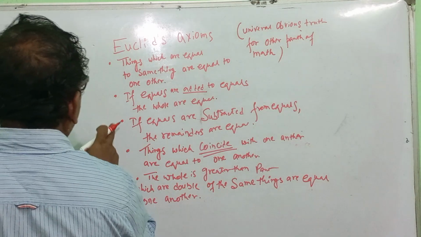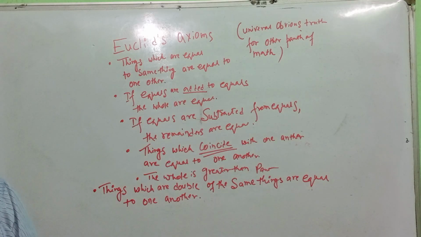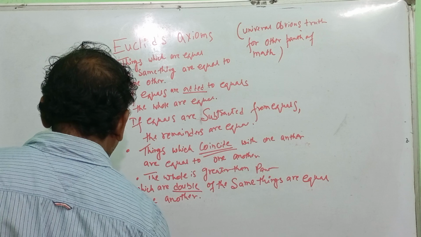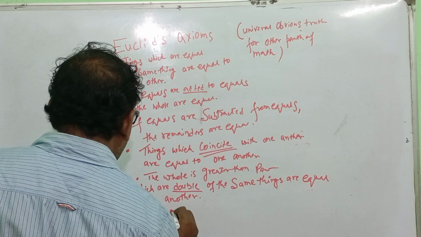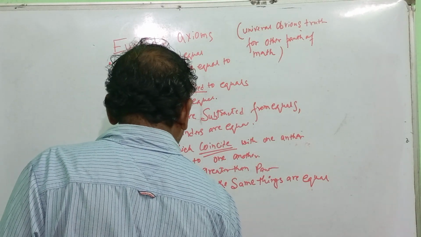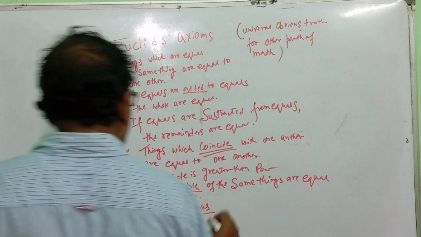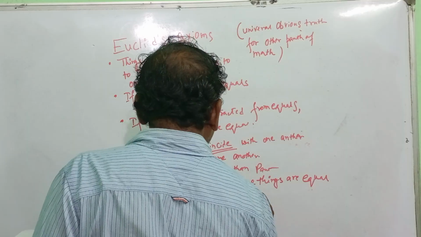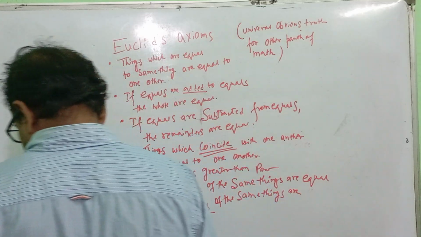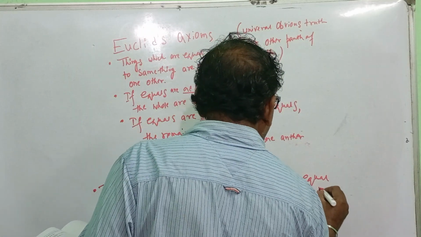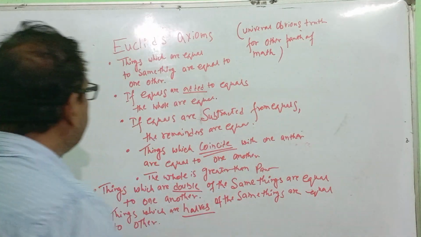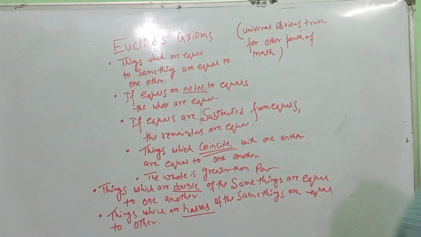So this is 1, 2, 3, 4, 5, 6. And the last one, number 7: things which are half of the same thing are equal to each other. These are the 7 axioms.